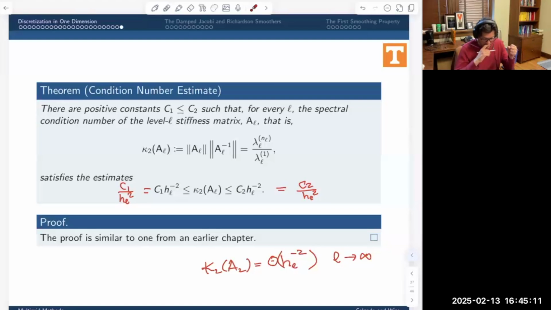It doesn't behave well. And that's exactly what's going on here. If I were to throw one of those naive little schemes that we derived in chapter 1 at a problem like this, it's not going to work very well, especially for h_L being small.